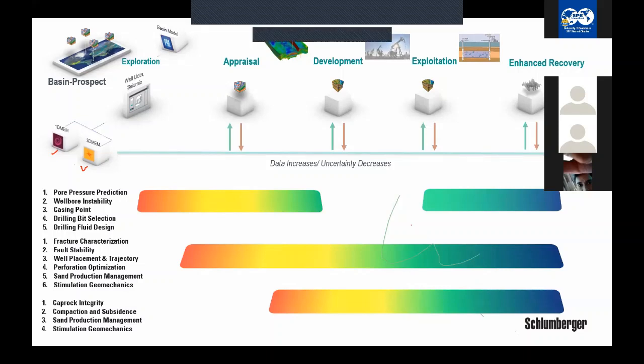In Techlog, we do well by well modeling. Our main focus is on a well instead of a field. We can do multiple well modeling in Techlog, but the main focus will always be on the well, right?